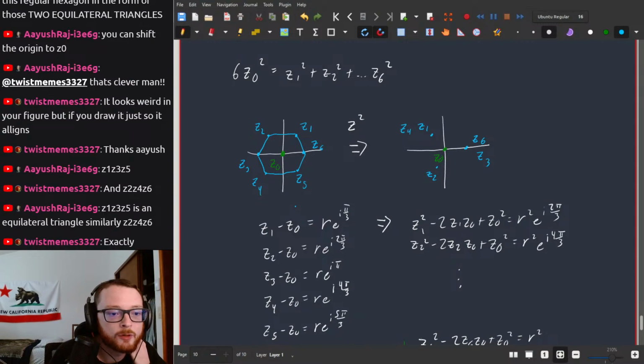And does z5 coincide with z2? That's probably safe to say. So it's like the same equilateral triangle? Do we know that? Yeah, it should be equilateral, because these two angles are the same.